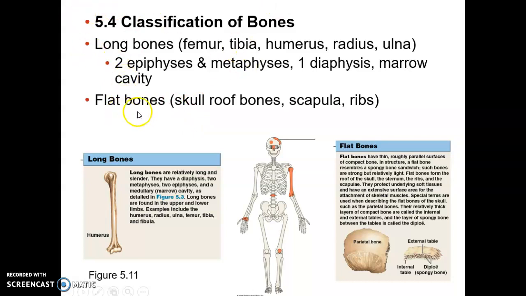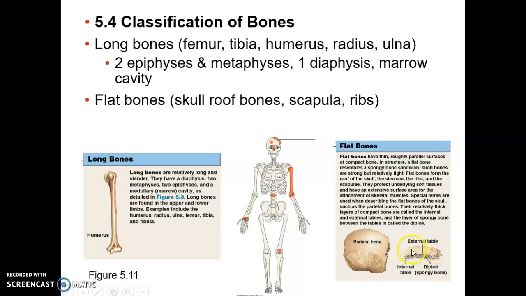Here we go. Flat bones are flat, even though they may be curved, but they have a flat bone structure. These are the bones that form the cranium, the roof of the skull, but also the scapula, the shoulder blades, and then the ribs as well. Even though they're elongated, the ribs are considered flat bones because they don't have the marrow cavity inside.